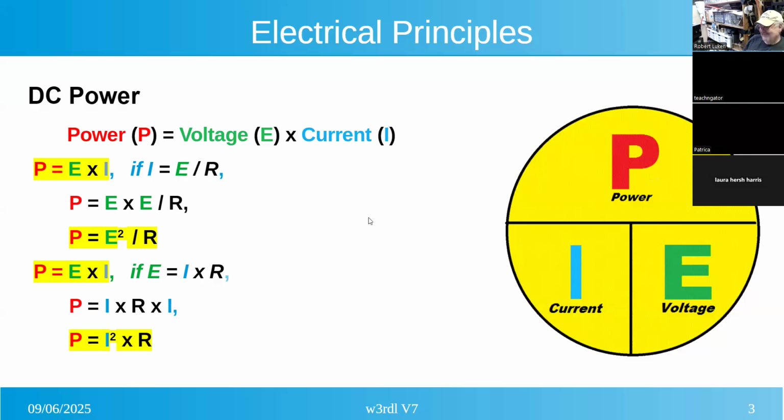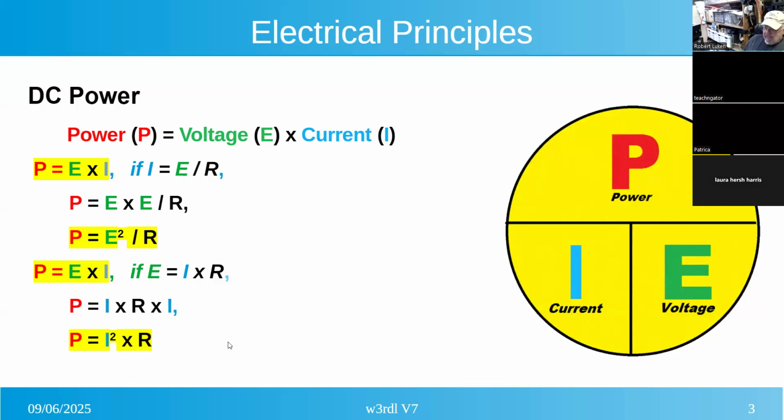Oh, yeah. Okay. So in this example, I've kind of worked through the algebra to show all the different variations of the power formula. Sometimes, other than the chart, you can use power is equal to the current squared times the resistance.